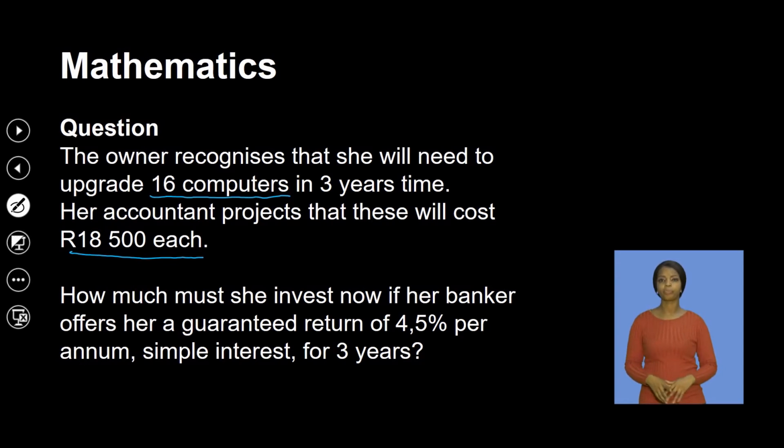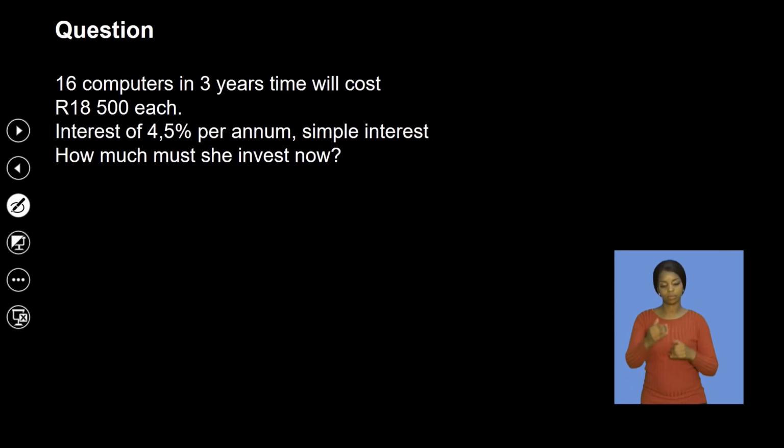Now, the question will be, how much must she then invest now? If her banker says, we will give you a guaranteed return of 4.5% per annum, simple interest for 3 years. Now let's quickly look at this. The big idea here is 16 computers for 3 years, and each computer is 18,500.